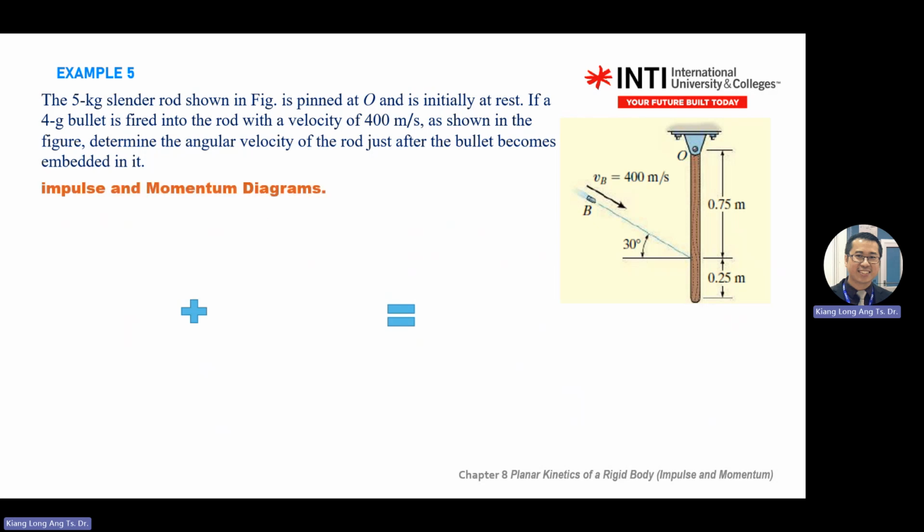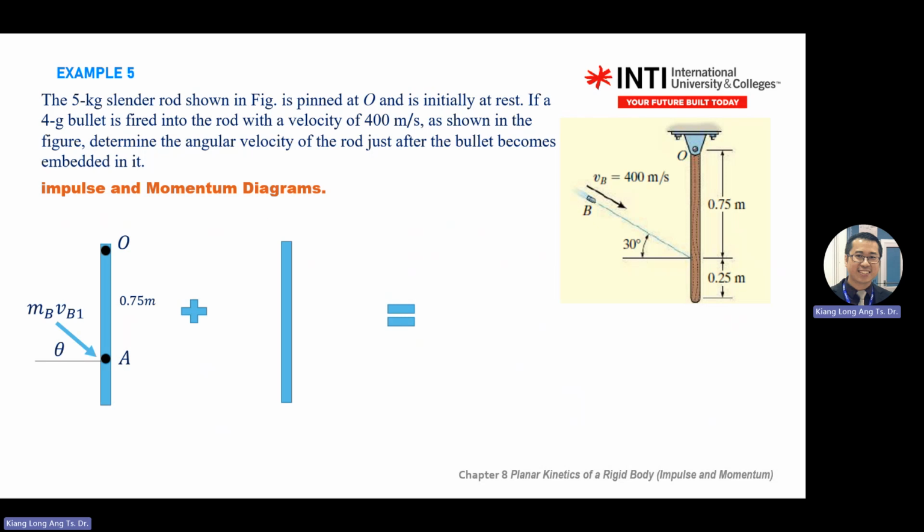So you can estimate using the impulse and momentum diagram. H before plus impulse diagram equals angular momentum after. So you imagine what is before and then equal to after. So this is what happened before. You're looking at the rod, not at the bullet.